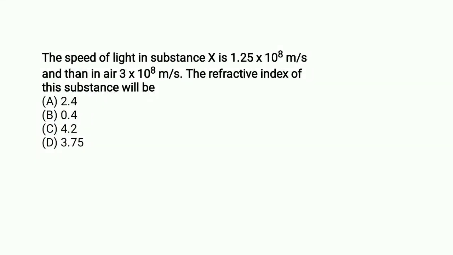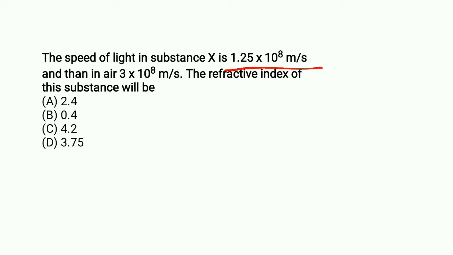Next question. The speed of light in substance X is 1.25 into 10 raised to 8 meter per second, and in air it is 3 into 10 raised to 8 meter per second. The refractive index of this substance will be. So here we have to calculate the refractive index of this substance.